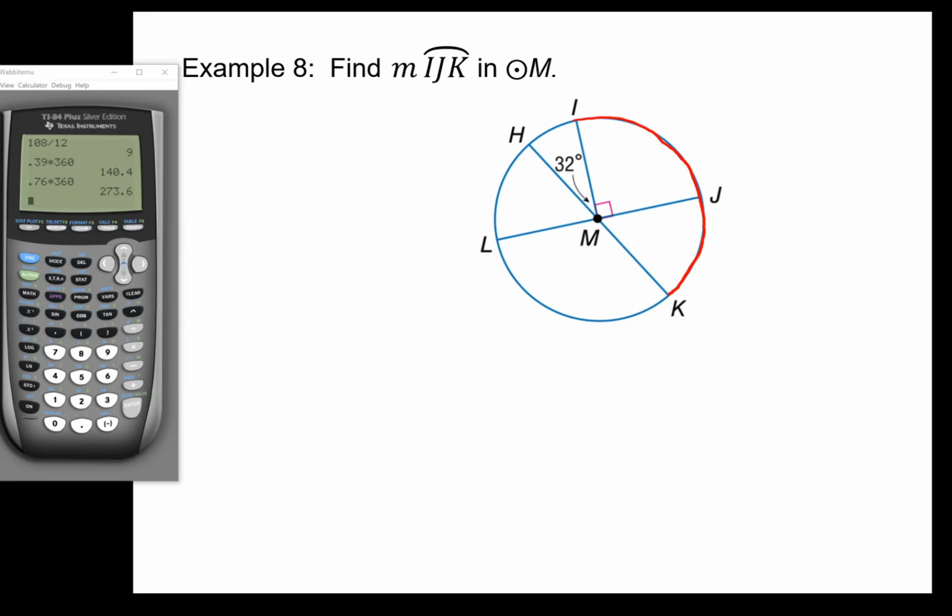So it looks like this whole thing here is a semicircle, and so we're going to subtract out the 32. So the measure of IJK is going to equal 180 minus 32 degrees. So therefore it equals 148 degrees.